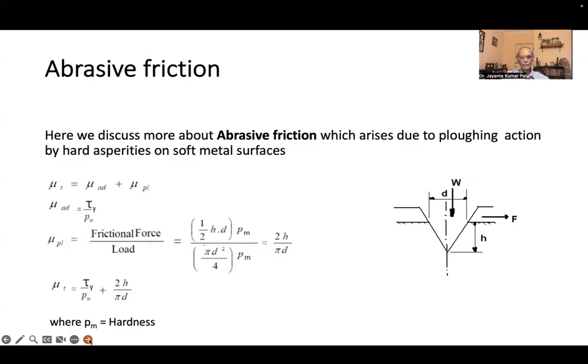So then this gives mu ploughing as 2h by pi d. Therefore, the total coefficient of friction is tau y by pm, as we have said before for adhesive friction, plus 2h by pi d.